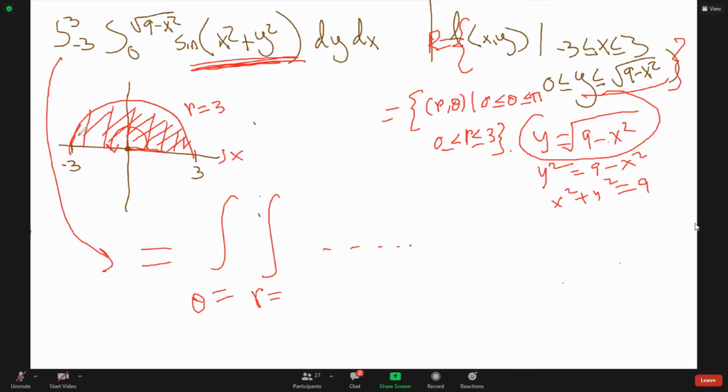Okay, so theta would be 0 to pi, and r would be 0 to 3. And then for the sine of x squared plus y squared, you turn x into r cosine theta and y into r sine theta, right?